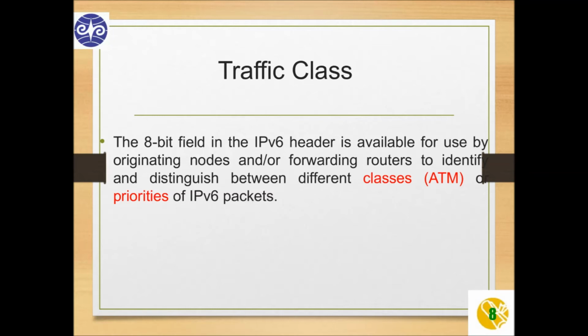The concept of ATM classes was on the basis of users' requirements: bandwidth was allocated to users. There were 4 different classes, and on the basis of priority we allocate bandwidth to users.